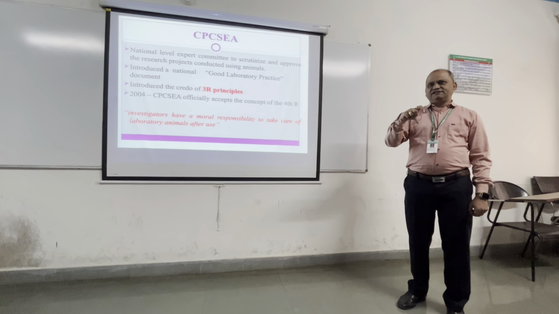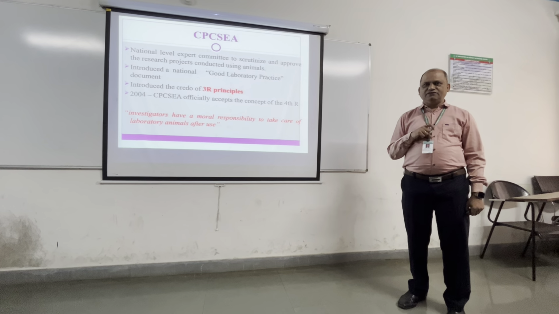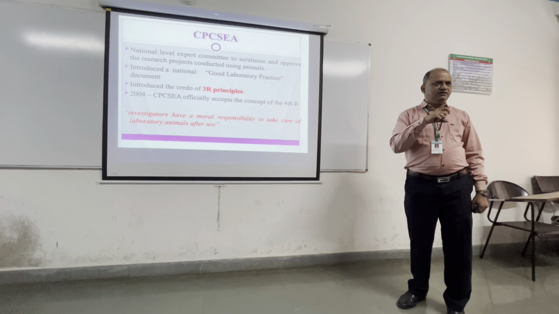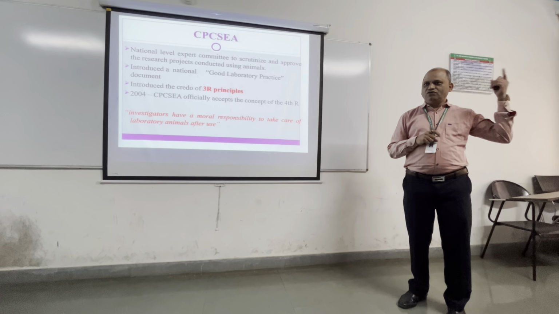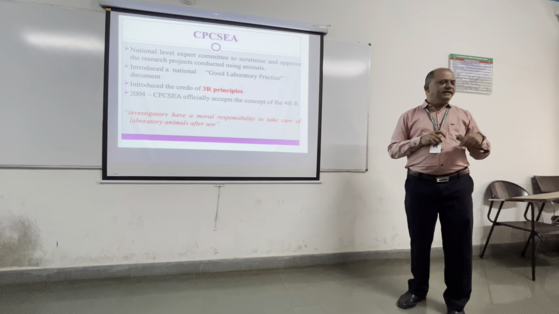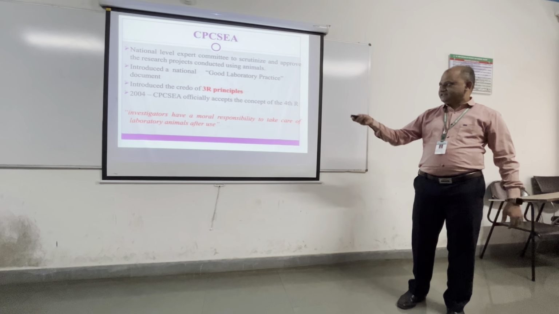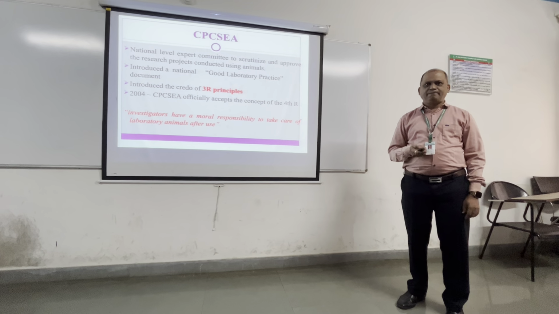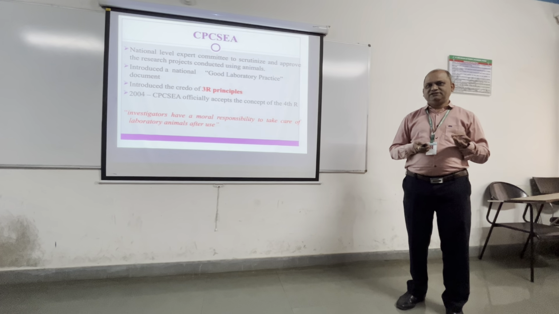But after submission of the protocol, whenever the IAEC meeting is planned, 15 days before we have to send the protocols to all committee members. They will go through this protocol thoroughly. Their intention is only this: they are going to use these 3R principles. The 3R principles mean the first one is to reduce the number of animals.